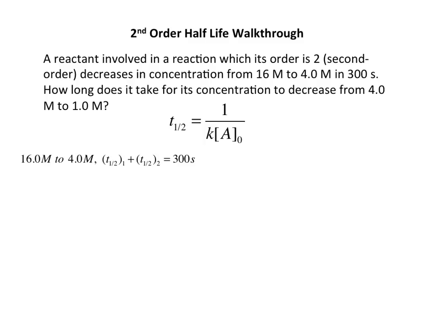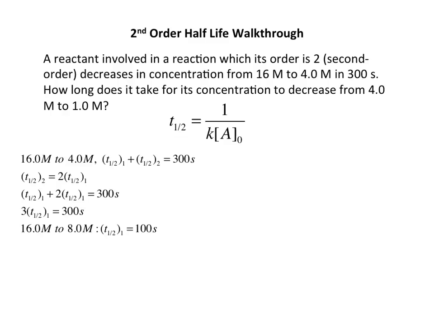Let's think about what we know. We're told that to go from 16 molar to 4 molar, it takes 300 seconds. In this case, 16 to 4 is actually 2 half-lives. So the first half-life plus the second half-life is going to equal 300 seconds. Now, since this is a second-order reaction, we know that each subsequent half-life is twice as long as the previous.